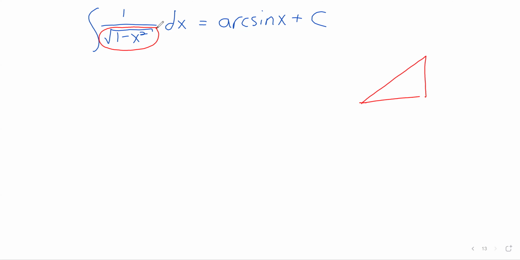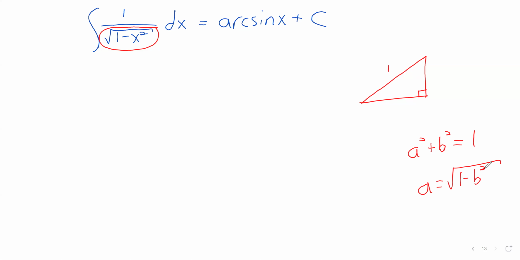So if you have a right triangle, it says a squared plus b squared equals 1. So a is the square root of 1 minus b squared.